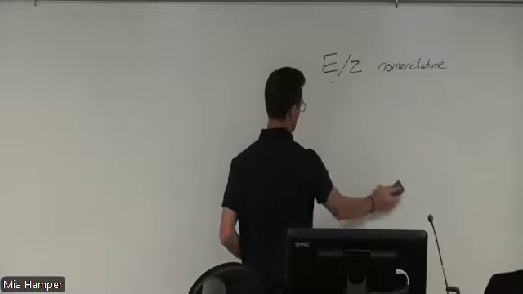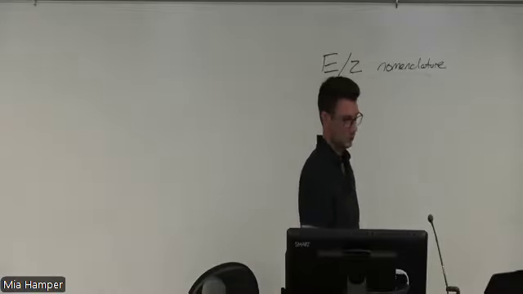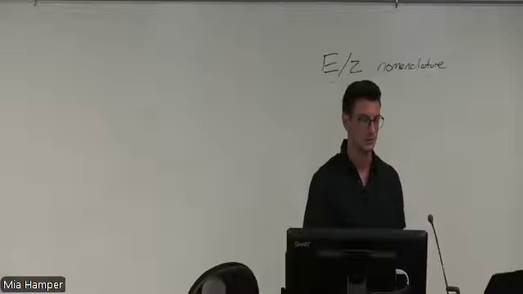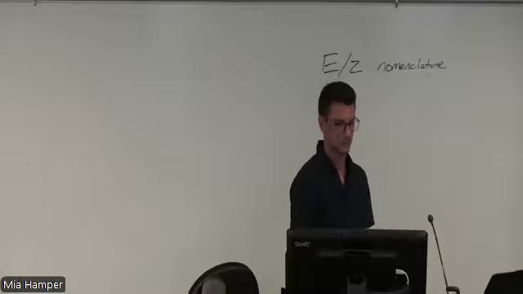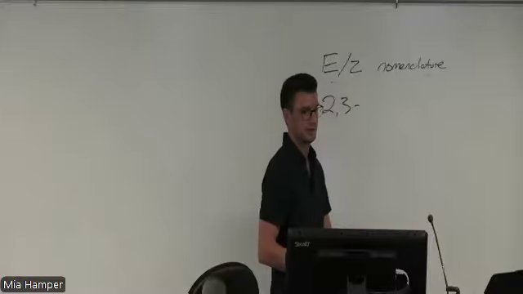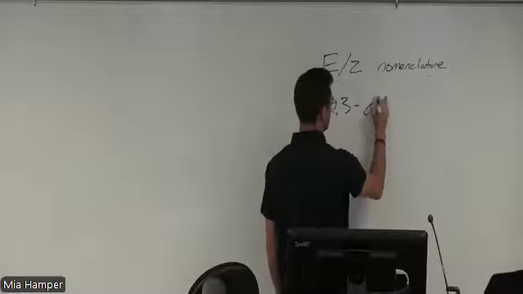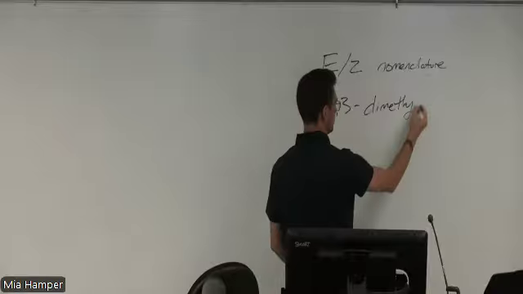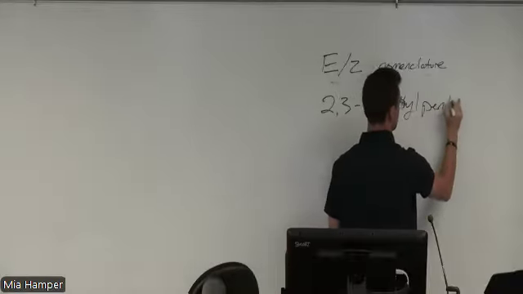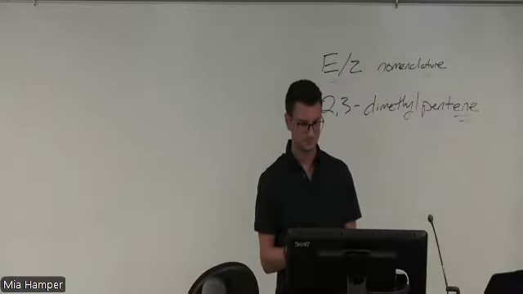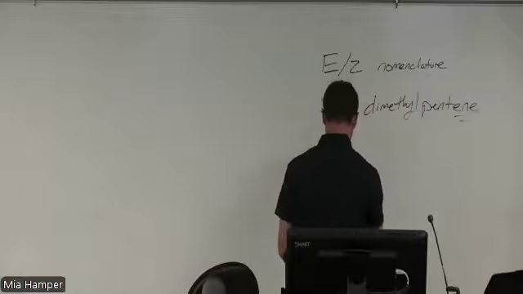And this comes directly into nomenclature. Nomenclature rules will come up again, but now we have to tie in E and Z. So just a brief recap. Let's just say we have the following example, 2,3-dimethylpentene.